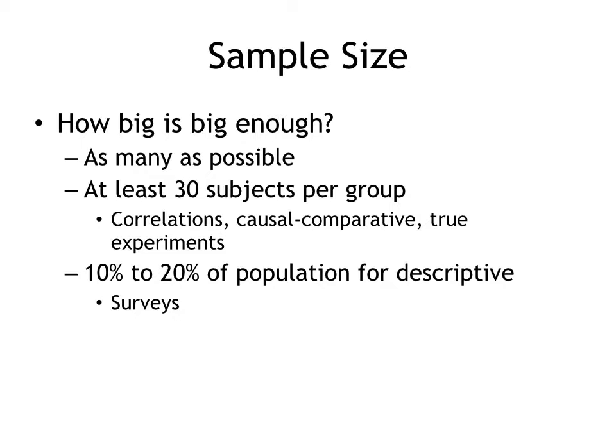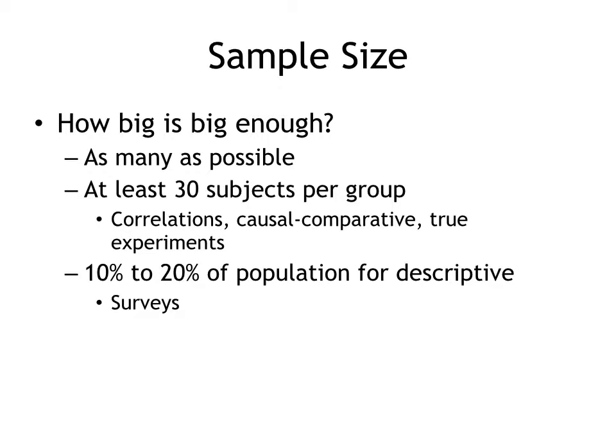When you're doing descriptive work, for example surveys, and you're trying to find out the risky behaviors that 14 to 16-year-olds participate in, so you're going to do a survey of the population, you really need 10 to 20%, and I would move more towards the end of the 20% of the population for that kind of work.